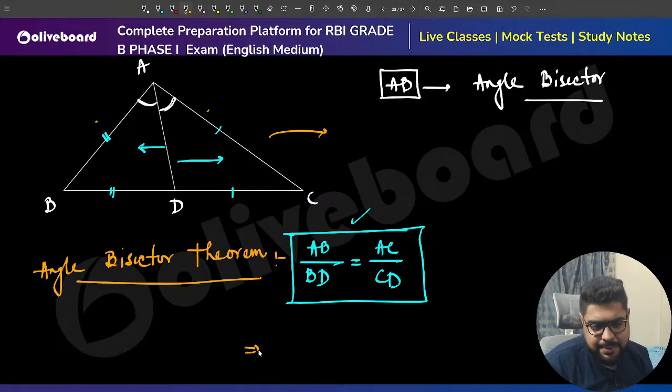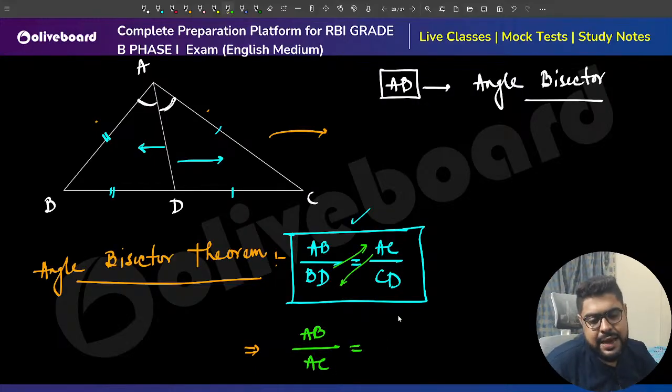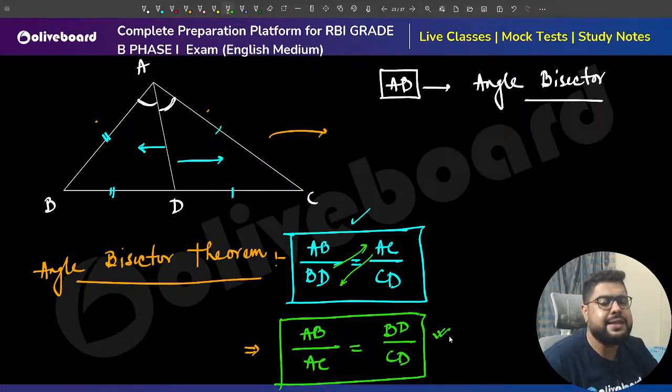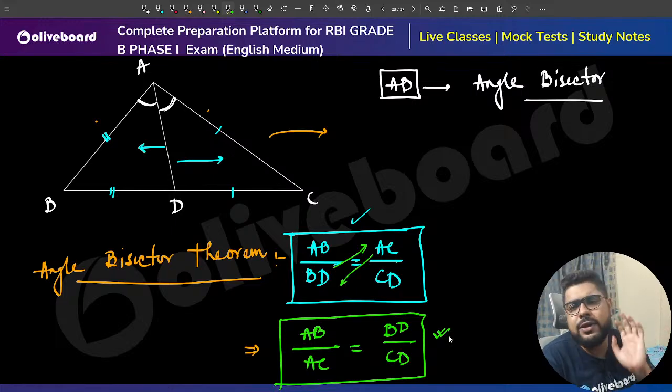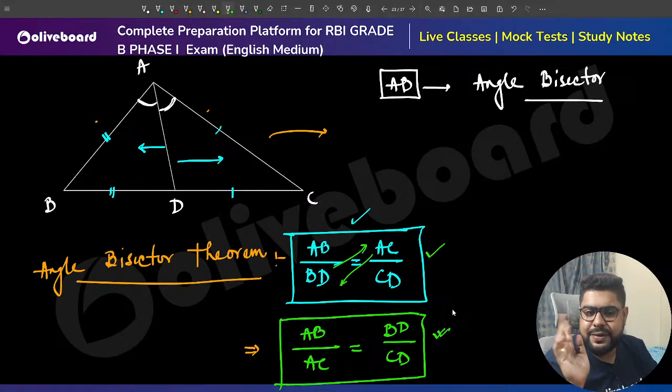It actually comes from here, AB by AC. So if I just interchange their positions, it becomes BD by CD. Many people like to remember it like this as well. So both are equally okay. No problem if you remember it like this or like this. It works. Perfect.